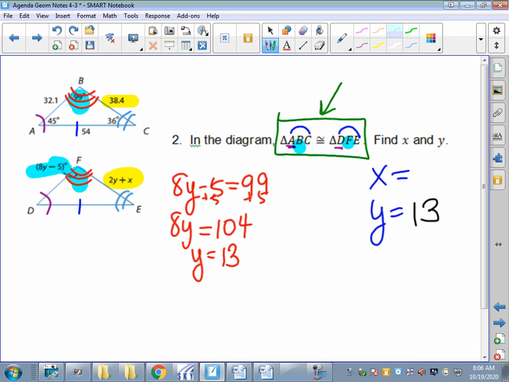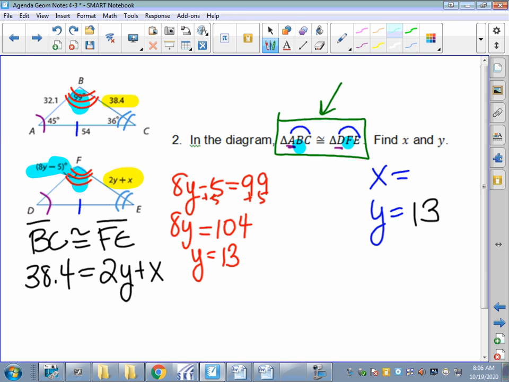So now we said that side BC is congruent to side FE, right? So I know that 38.4 has to be equal to 2y plus x. Nobody likes an x and a y in the problem, but we just figured out that y was equal to 13. So I'm going to put that 13 in place of that y.